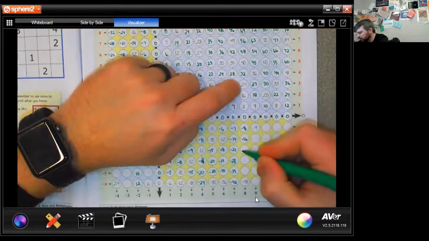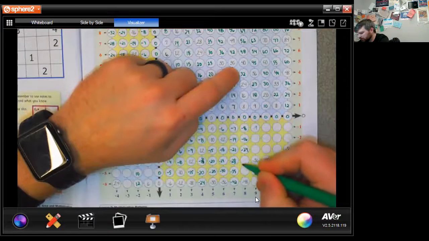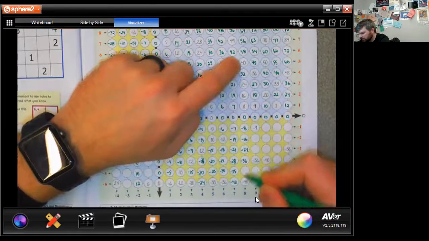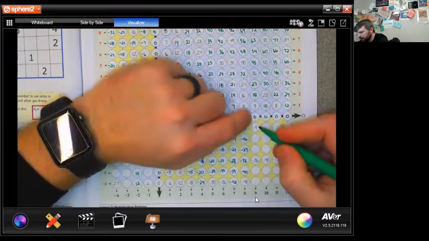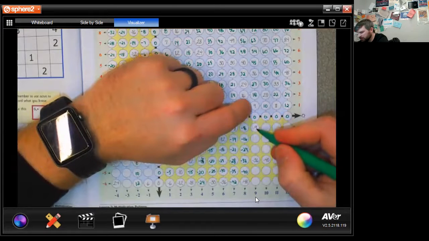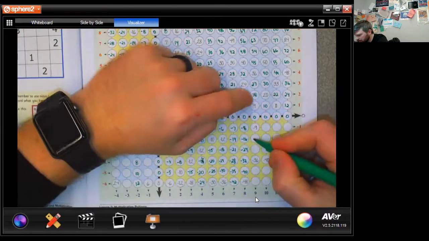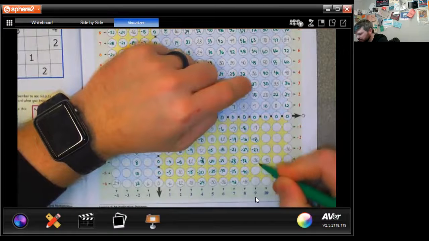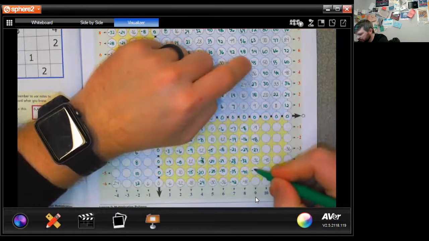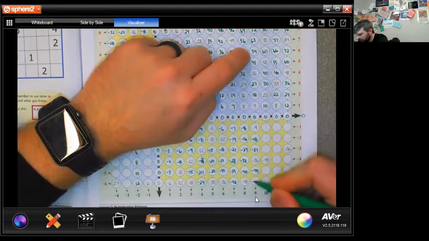Go to column 8, 0, -8, -16, -24, -32, -40, then -48. Column 9, -9, -18, -27, -36, -45, -54.